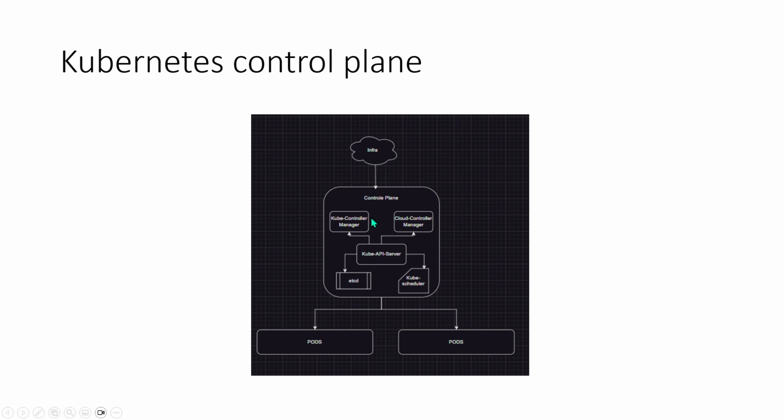Now here, the architecture expands a little bit, where you see the control plane comes to life by talking about different modules. So let's go ahead and understand this. The control plane components make global decisions about the cluster, for example, scheduling.